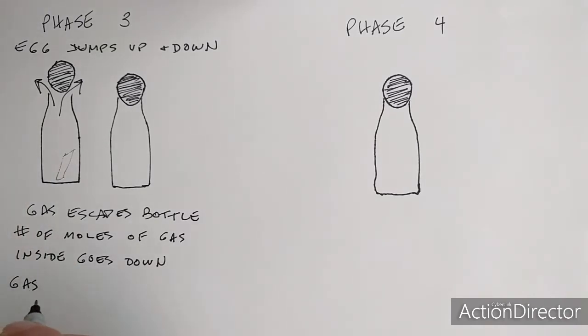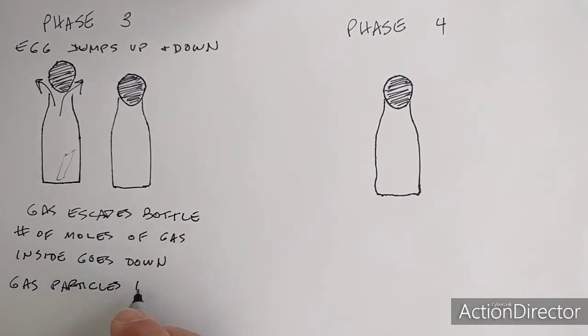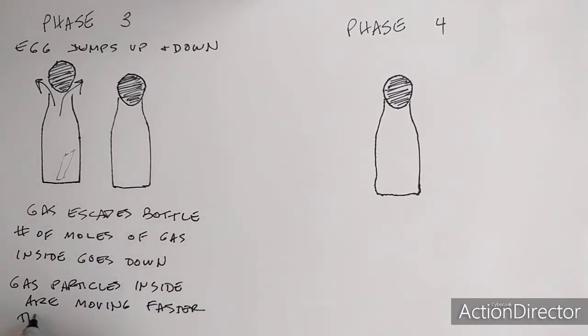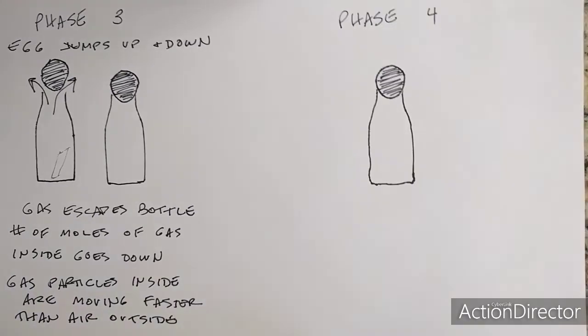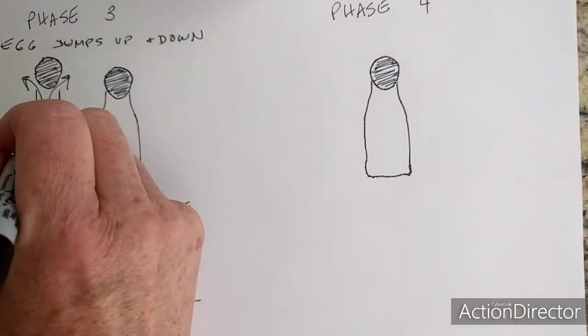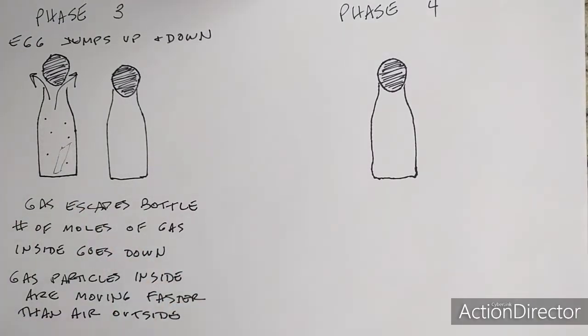The gas particles inside are moving faster than the air molecules outside. So there's less of them because we have gas escaping. Less of them, but they're at a higher temperature.